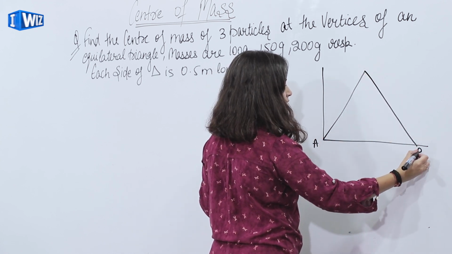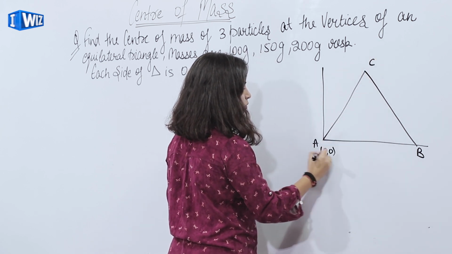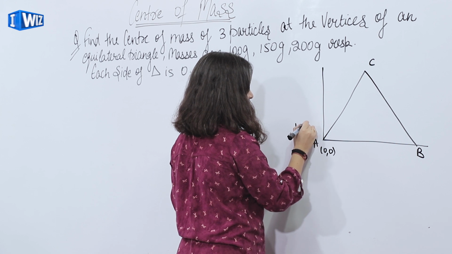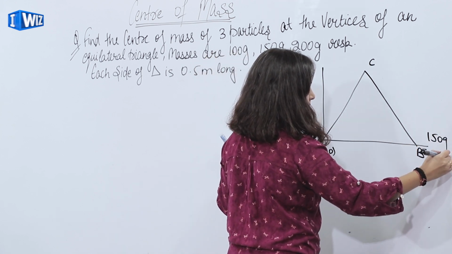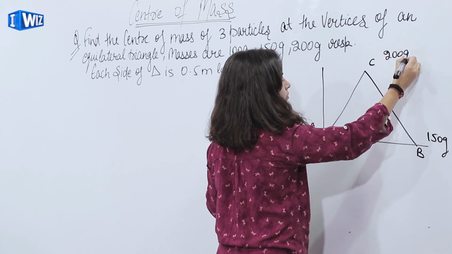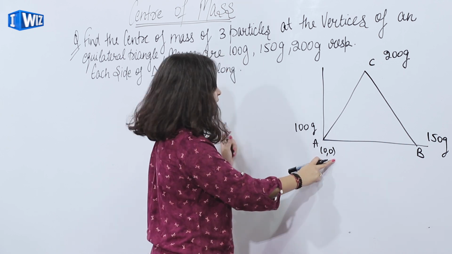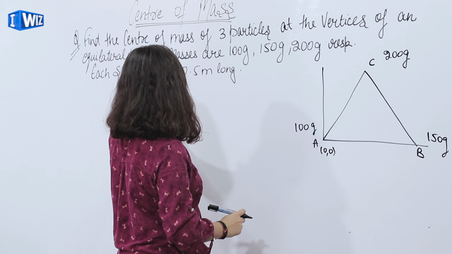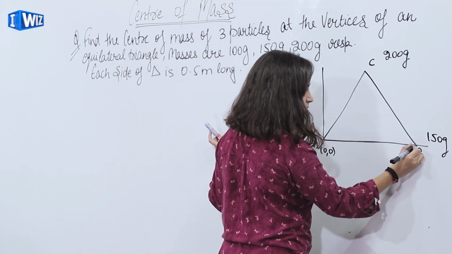A triangle ABC, A is 0, 0 and mass is 100 gram, mass is 150 gram and mass is 200 gram. So this is 0, 0 and we have been given that each side is 0.5 meter long. So this is 0.5 meter long.